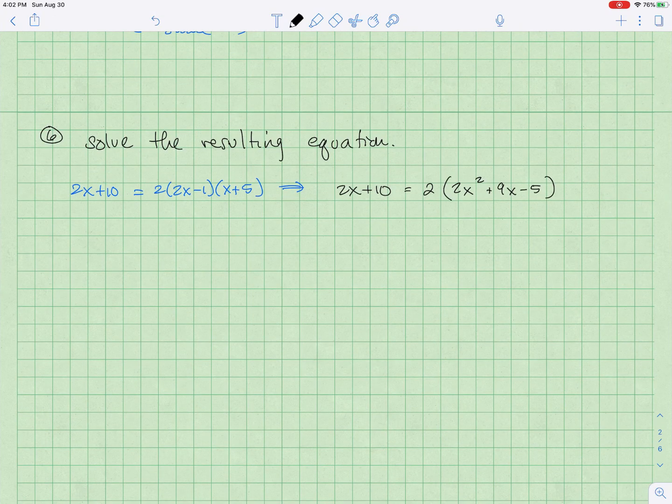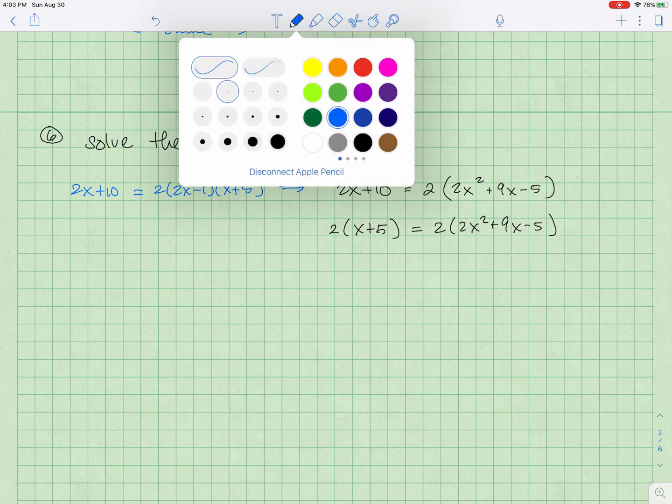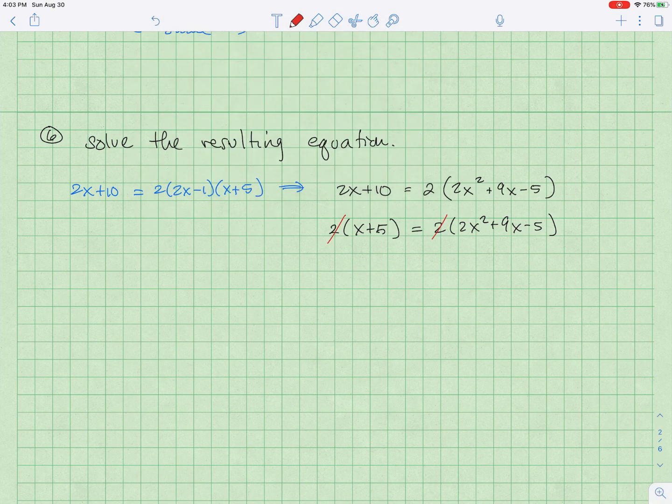We can factor the left side as 2 times x plus 5, equal to 2 times 2x squared plus 9x minus 5. We can cancel the common factor of 2 by dividing both sides by 2, and we have x plus 5 is equal to 2x squared plus 9x minus 5.